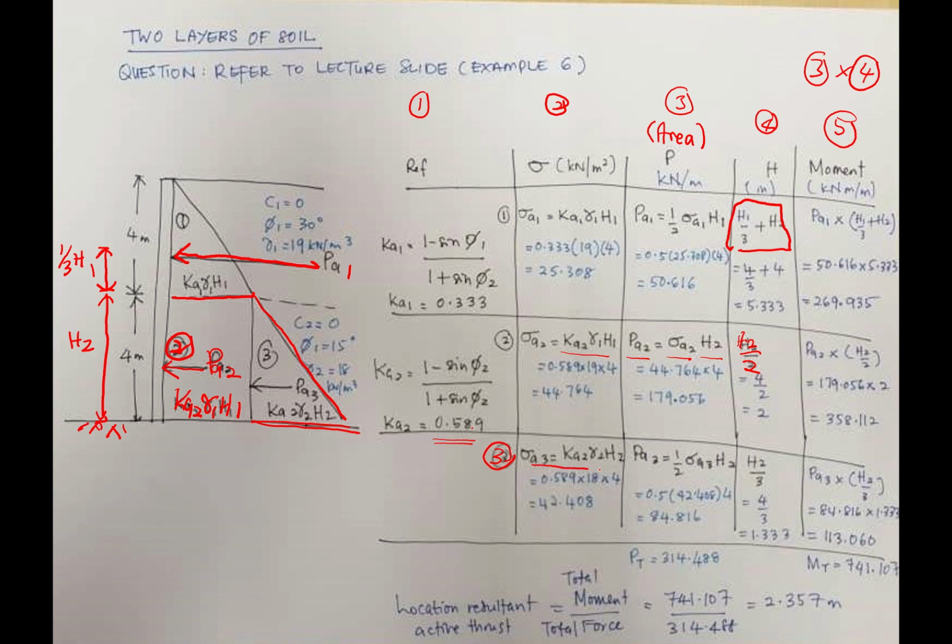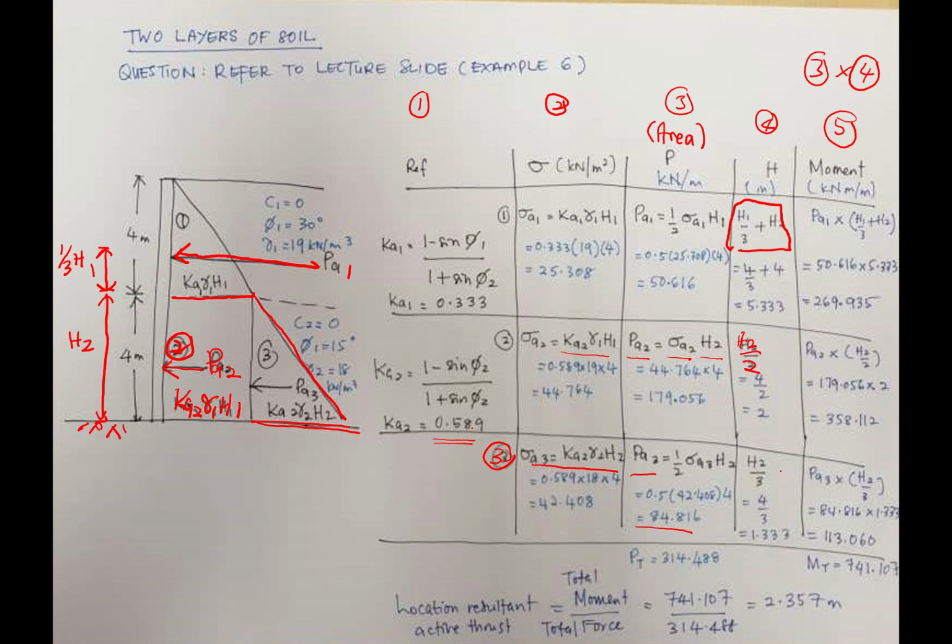This is the base value for stress A3, so put in all the values and get your answer. Afterward you must calculate the force. The force is the area of the triangular reference number 3. Calculate half times the base times the height, so you get the value 84.816.